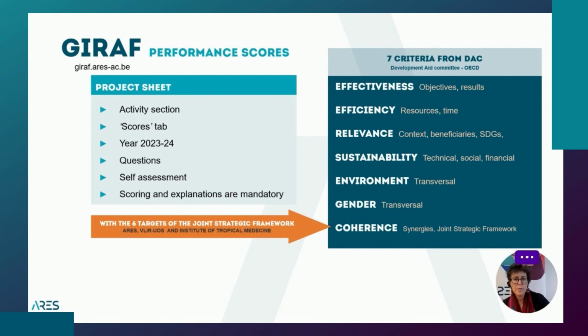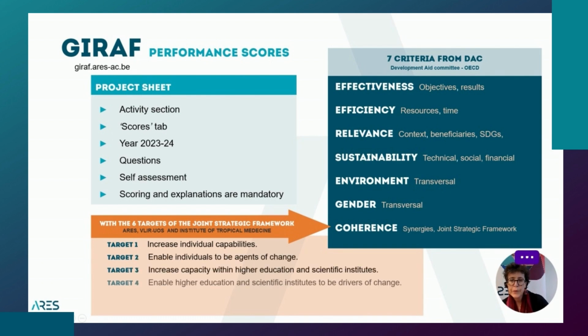And in our case, we have a brand new thematic JSF especially designed for academic and scientific cooperation. This JSF is much more relevant for us than the geographic ones, and it contains 6 targets into which you can easily integrate your project. You see the first one related to individual capabilities, the second to individuals to be agents of change. There you can have a very interesting conversation about what it is to be an agent of change and what change you seek.